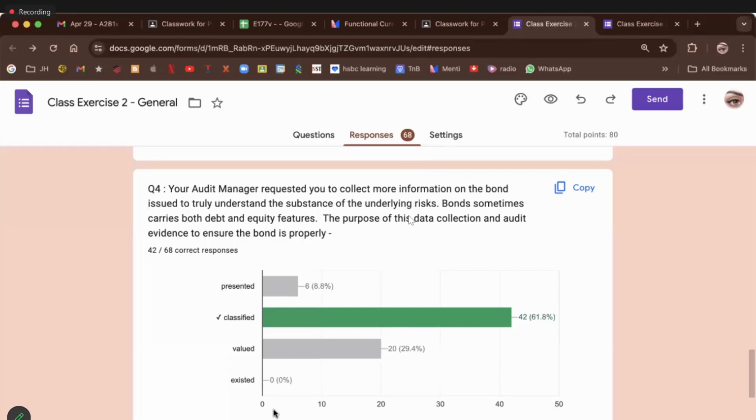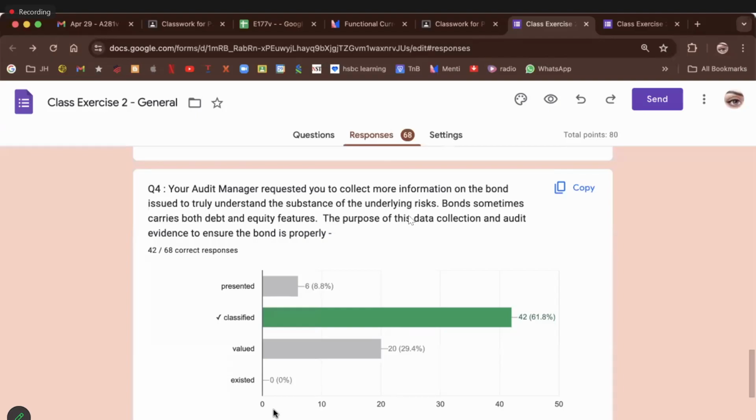If you read financial reporting standards, SFRS International, they actually require this kind of financial instruments to be presented separately, debt and equity. So if we need a separation on this, we are actually testing on the classification. So the data collection is to ensure the bond is properly classified. That is the first thing that we want to achieve.